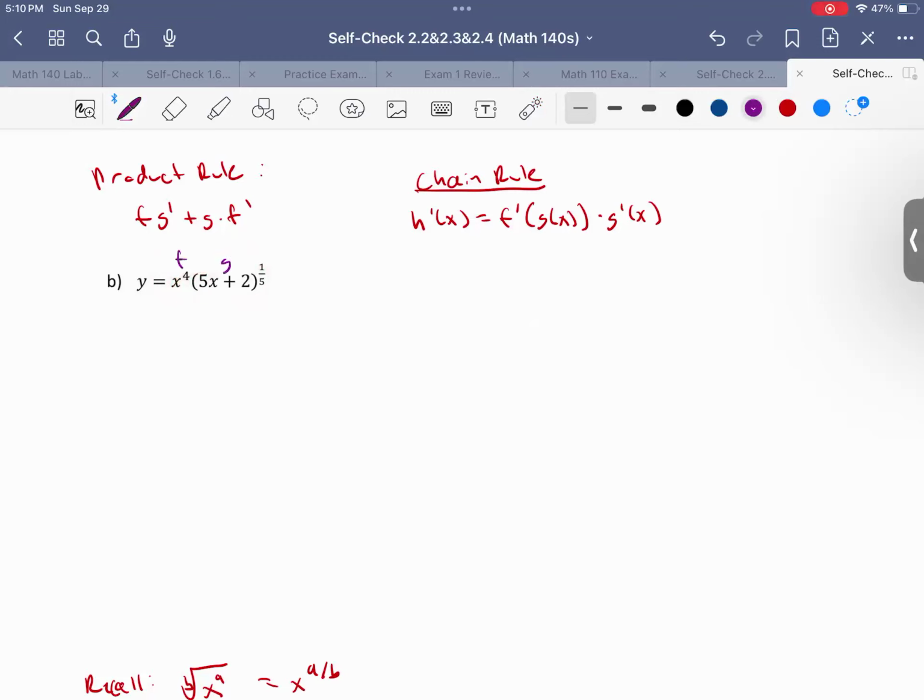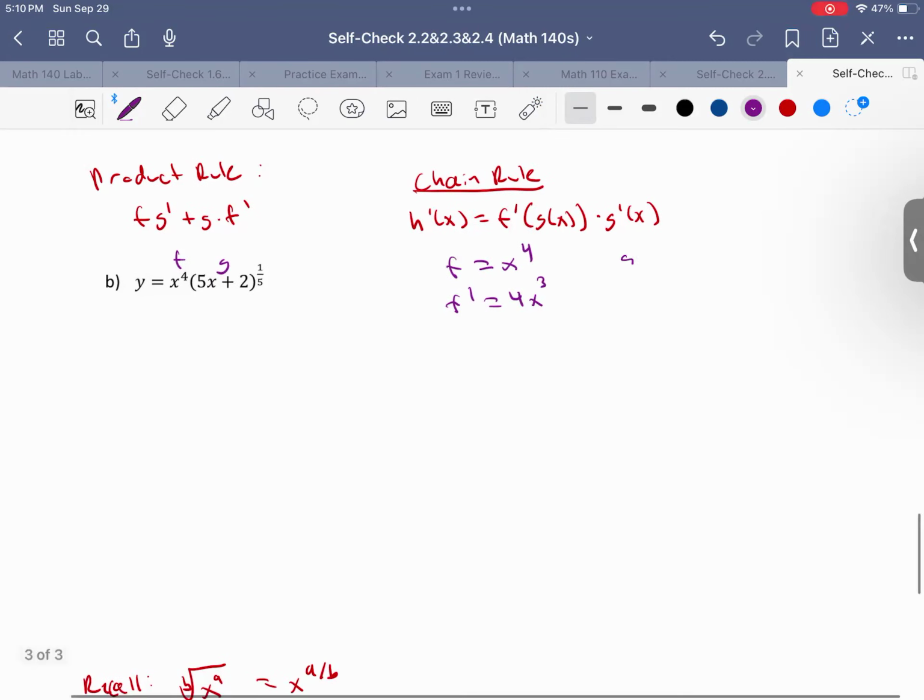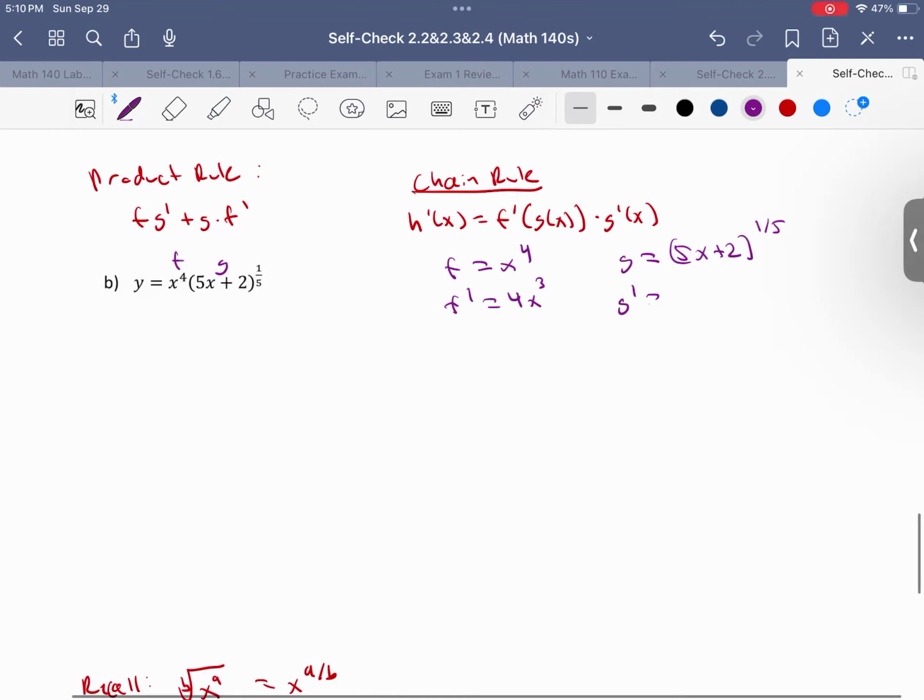So we have our f, we have our g. f is usually your first one, g is your second one. So we'll have f equals x to the fourth, f prime equals 4x cubed, right? Power rule. g is 5x plus 2 to the 1/5. And I want to take a derivative of that, so I got to use a chain rule. So that guy drops down, we subtract 1.